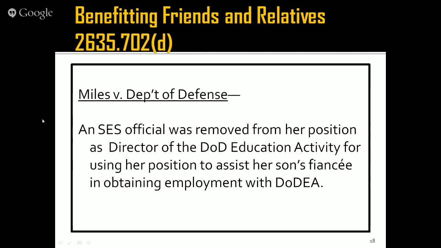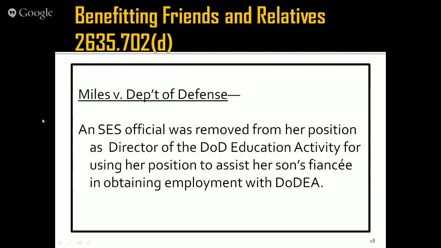It cross-references you back to 502, but in a nutshell, what we're trying to get at here is whether or not there are circumstances where an employee can engage in official duty activities that could affect and benefit people with whom they have affiliations in a non-governmental capacity. Right. So it's an impartiality type of concept. Right. And it also deals with financial interests here as well. Right. And I think this is an interesting point to keep in mind, and that's the relationship of this provision to 18 U.S.C. Section 208.